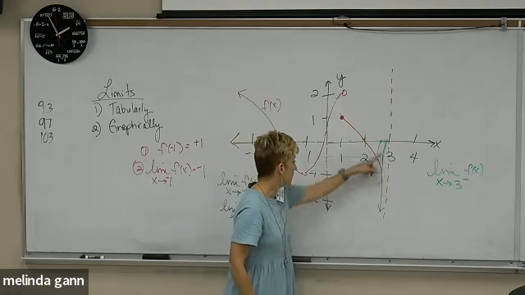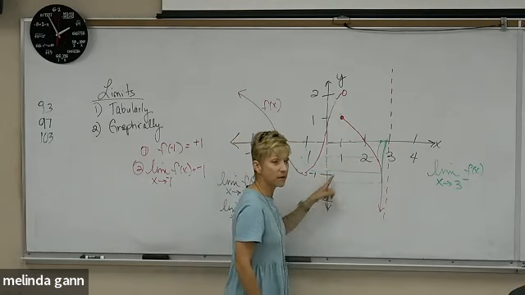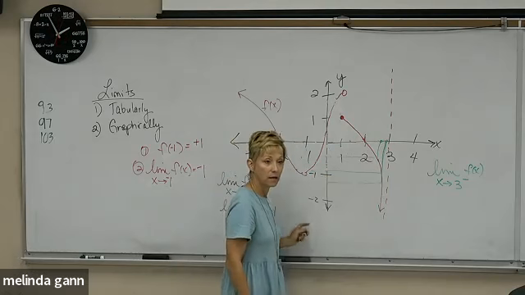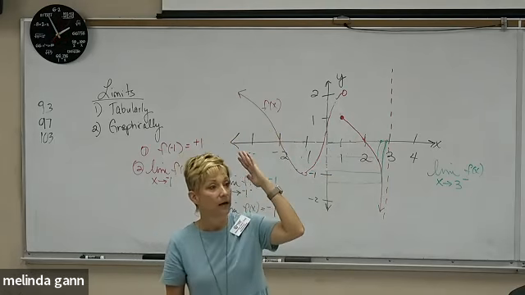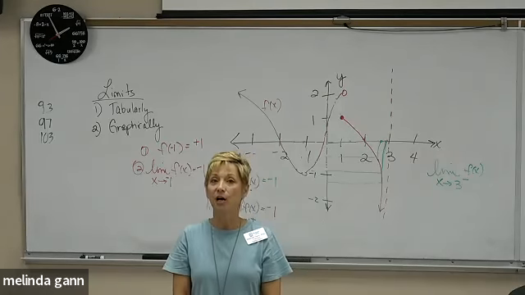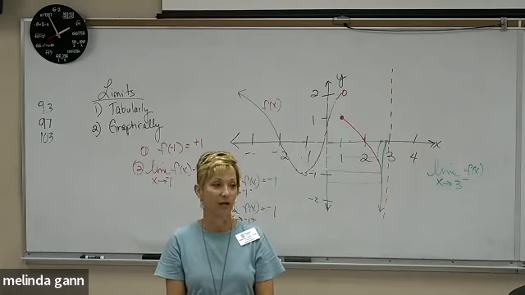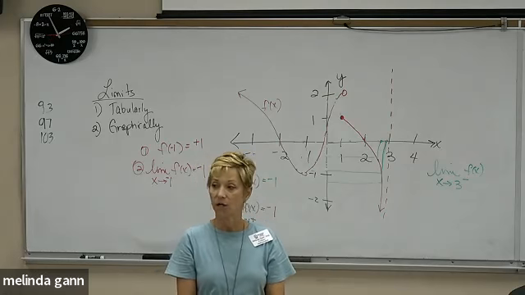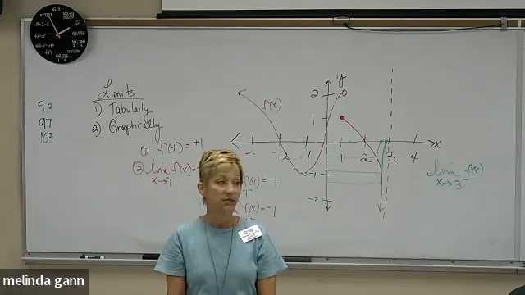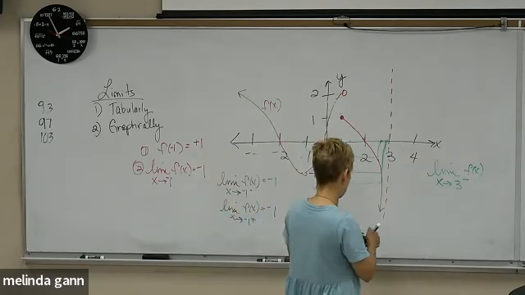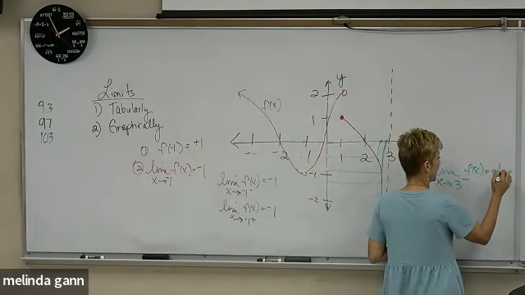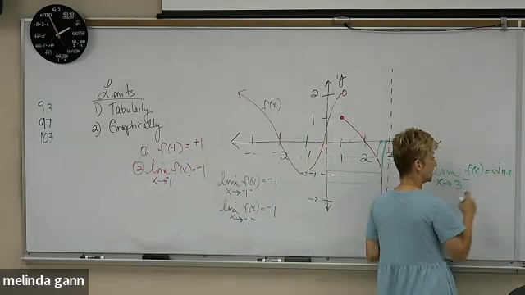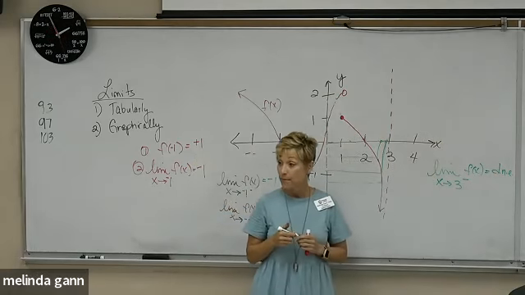Here, here, here. Everybody with me? It's just dropping. Are you getting close to a single value? No. So the answer to that would again be, now your book sometimes will put DNE. Guess what that means? It does not exist. It's just a lazy way.